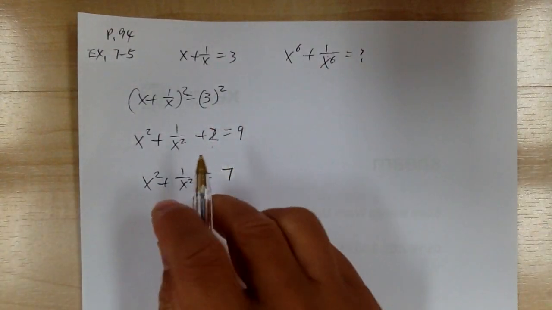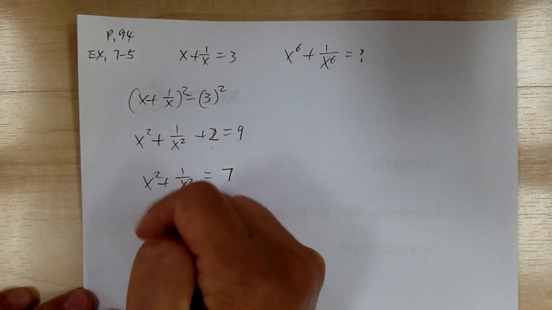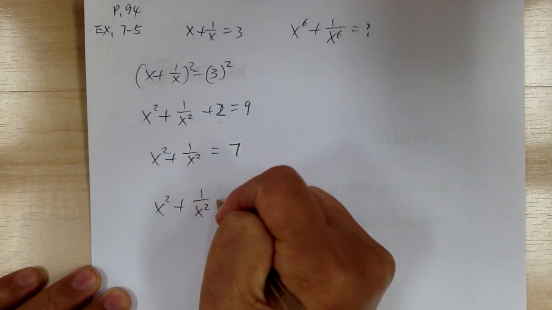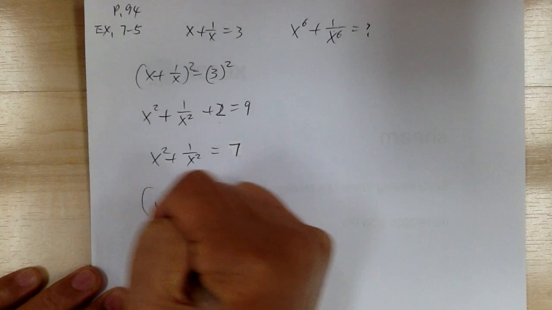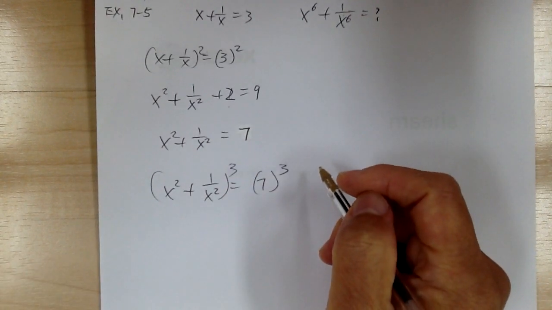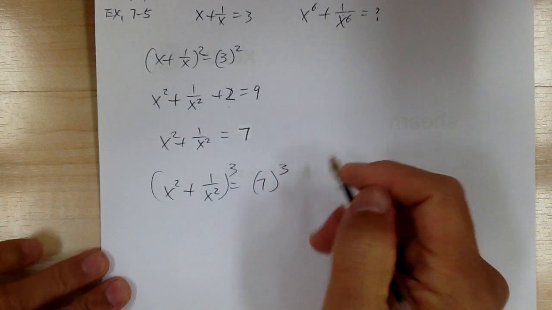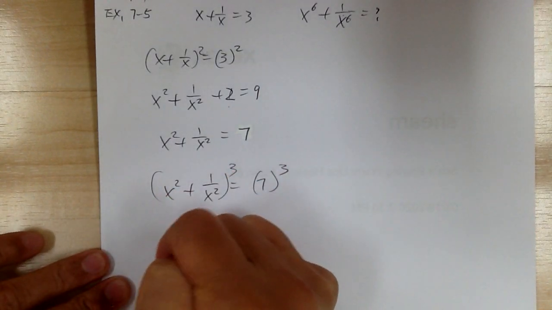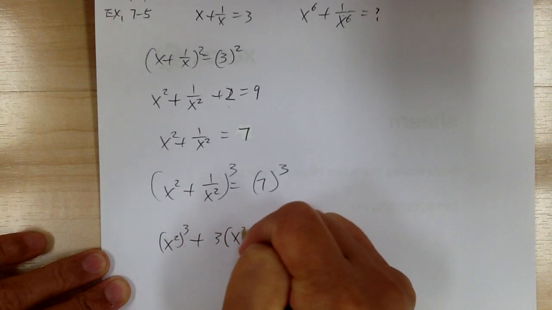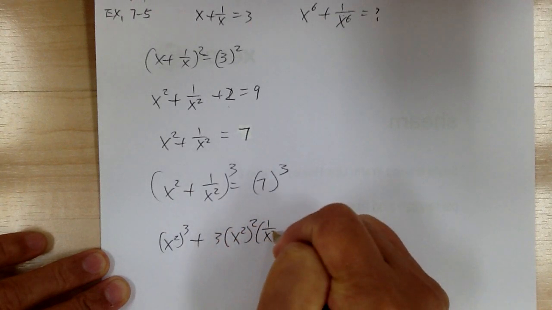Okay, now we're going to cube both sides. I can leave that alone, so we can have something to look at. And we're going to cube both sides. Okay, so when you cube, you're going to have x squared to the 3 plus 3 times the x squared squared times 1 over x squared.